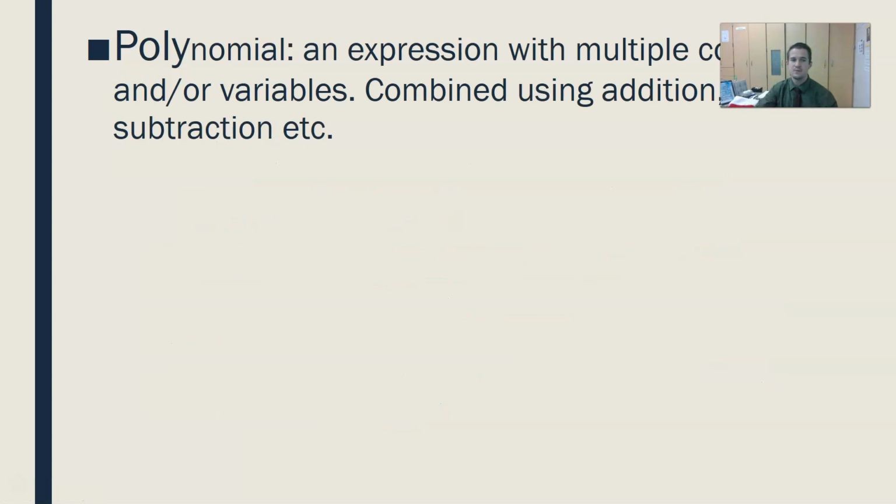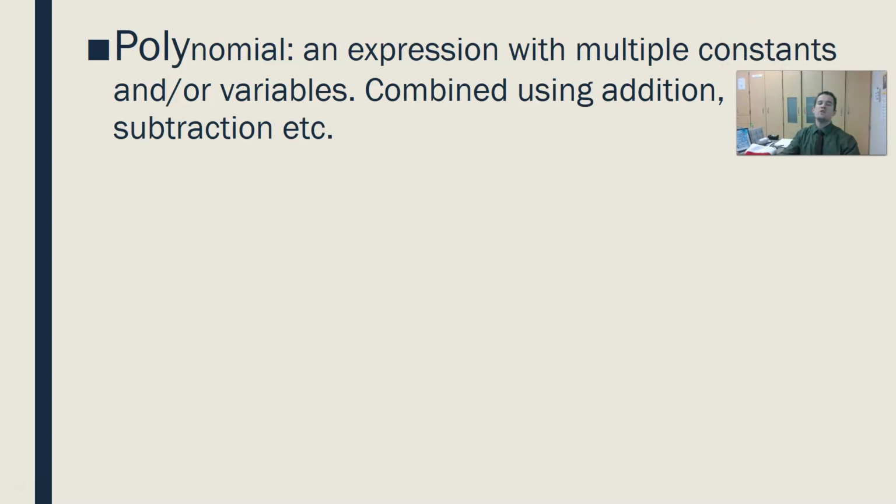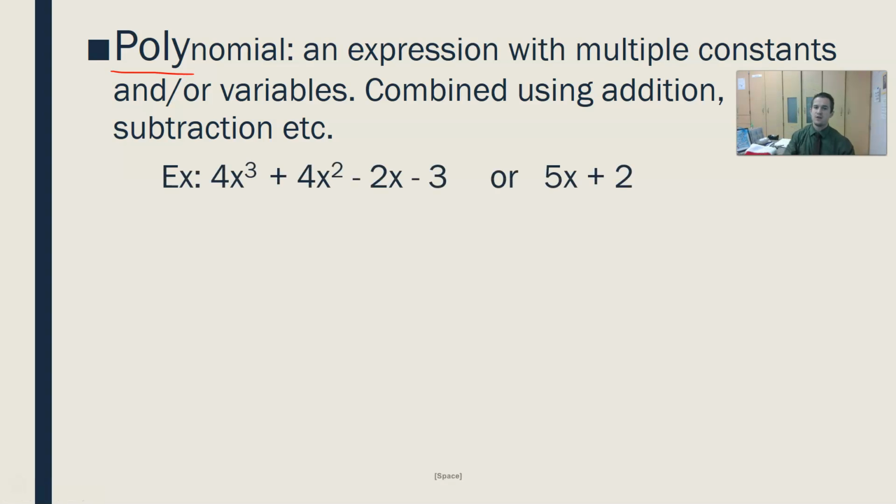So, by the end of this lesson, this is what I hope that you are able to do. So, let's review. When you think of the word polynomial, what comes to mind? Well, when I say polynomial, I'm talking about an expression with multiple constants and/or variables combined using addition, subtraction, etc. So this, for example, 4x cubed plus 4x squared minus 2x minus 3, is a polynomial.